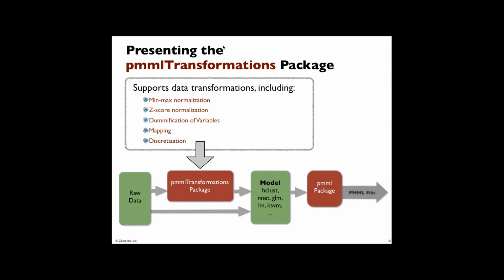So, for example, I've shown you an example of a mapping from one to another. We have one-to-many mappings possible. We have many-to-one mappings.